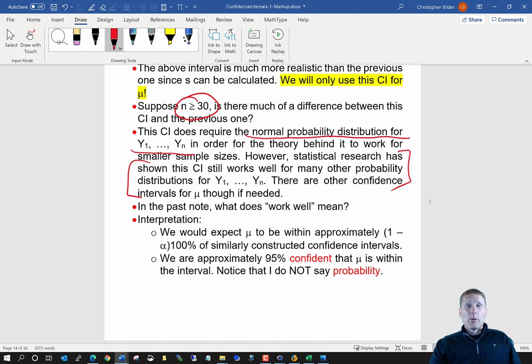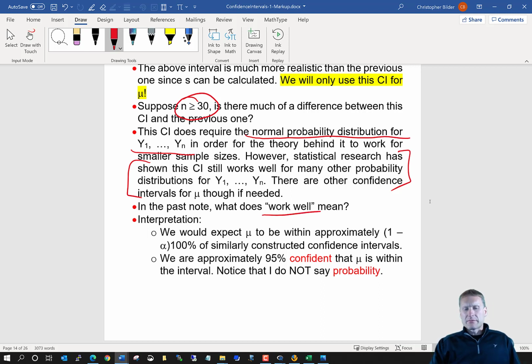Statistical research has shown that this confidence interval still works well for most other probability distributions for the y's. Now, there are other confidence interval equations that you could use. We won't talk about those in this class, but this particular interval is widely used all over because it is very good.